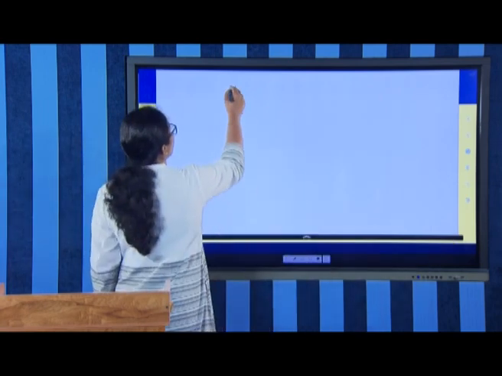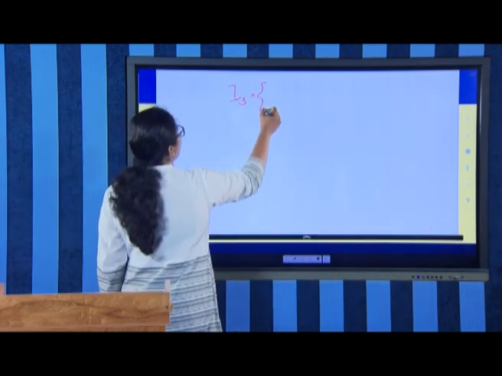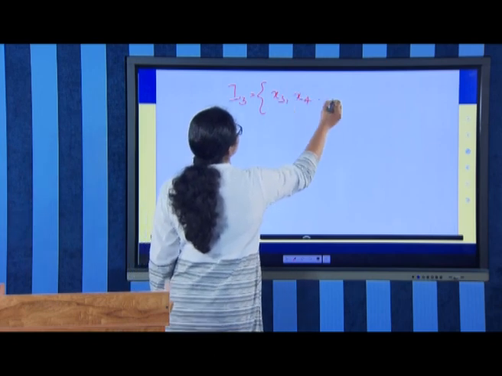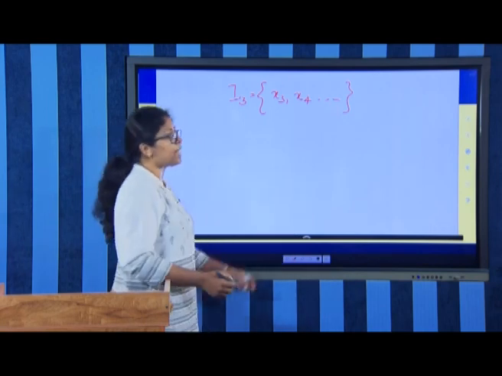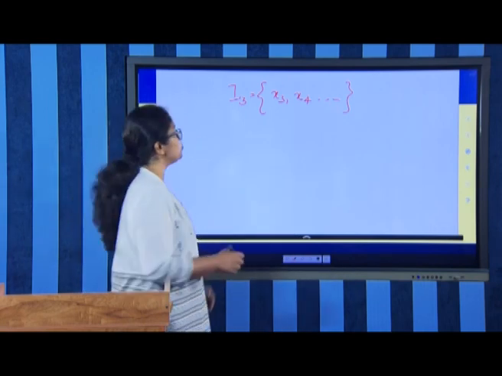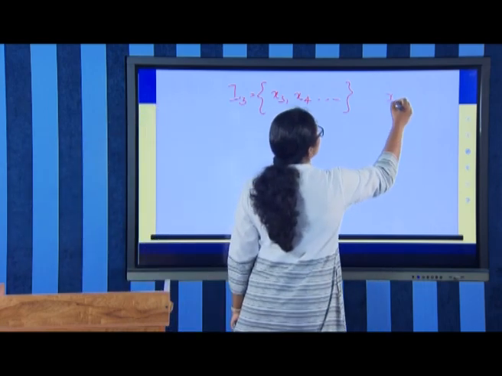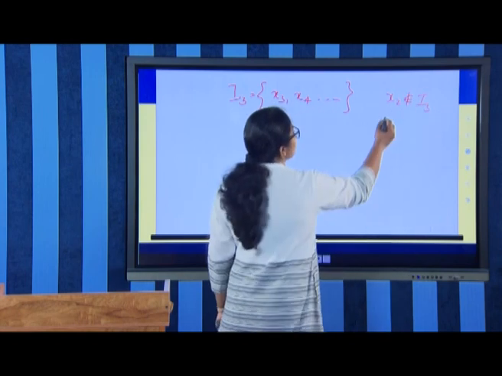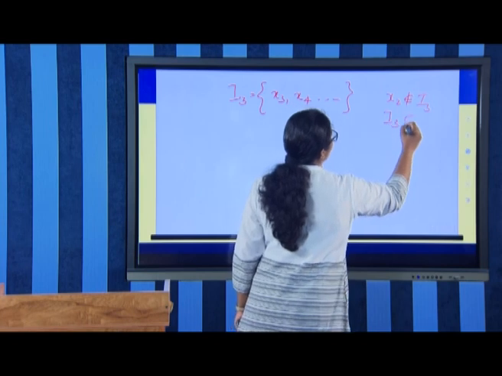Similarly, we define I3 to be the set of all elements x3, x4, etc. by excluding the element x2 from I2. So, x2 is not an element of I3, but I3 is contained inside I2.